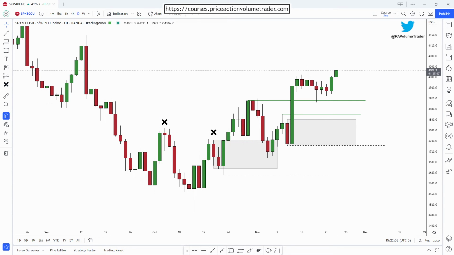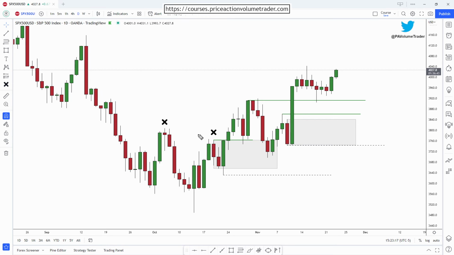Let me just clean the screen so you can see how right here we broke this swing high and this swing high. So now that we've broken the last significant lower high that we had, now we start getting into bullish pullback mode. And then here is the example.